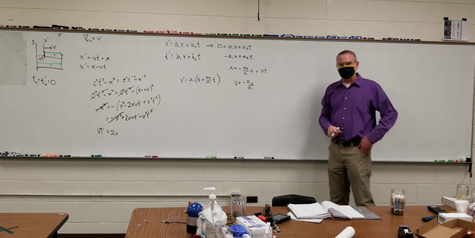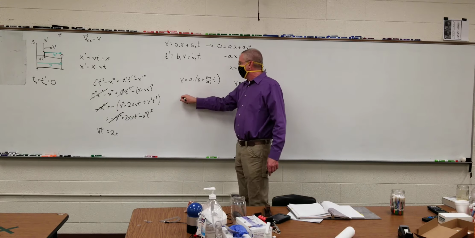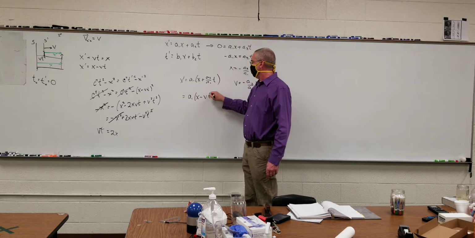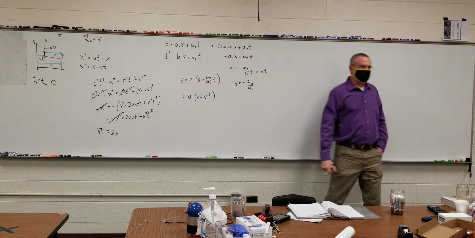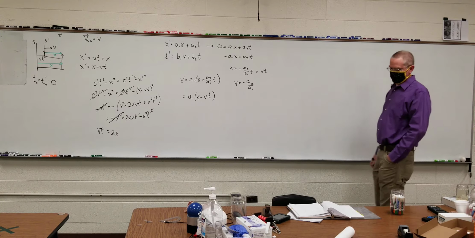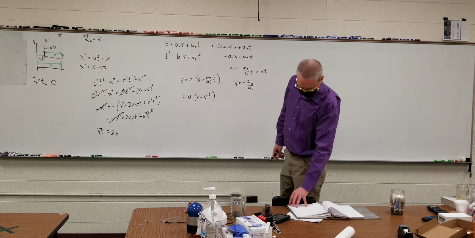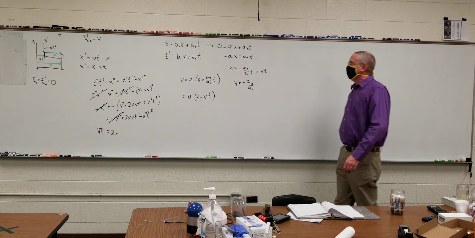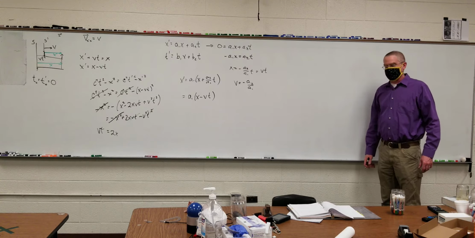And so at least I've gotten rid of one unknown. So this is equal to a1 times x minus vt. So we just have to figure out a1, and we've got one of the major Lorentz transformations. Questions up to here?